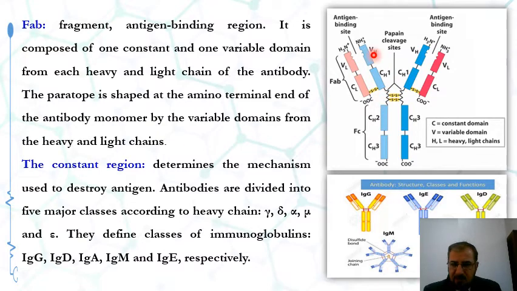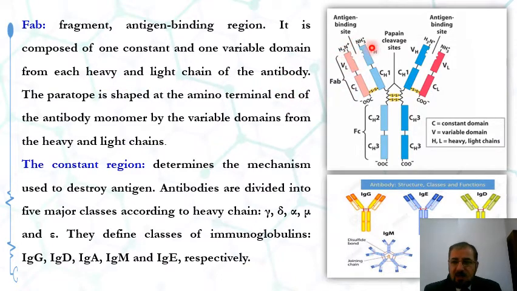As you see, the fragment antigen binding region is composed of one variable and one constant part of the light chain plus one variable and one constant part of the heavy chain. So it is composed of one constant and one variable domain of each heavy and light chain of the antibody.